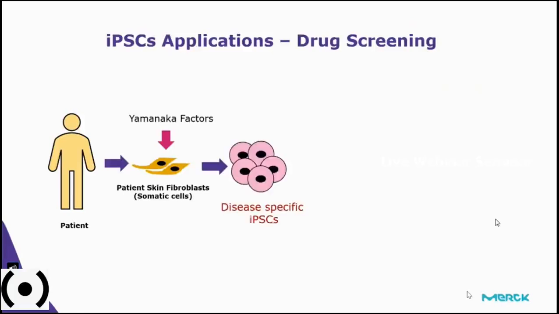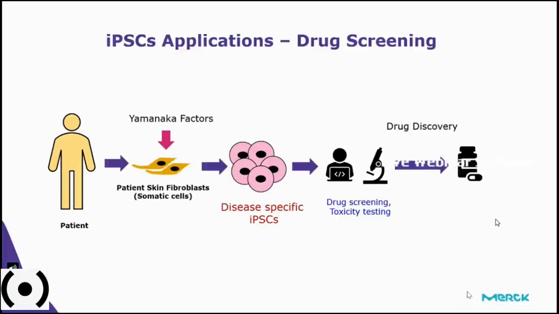Now you can convert them into neurons, and now you have human iPSC-derived neurons where you can screen your drugs, perform toxicity screening, and finally develop drugs. These drugs are much more efficacious because you directly tested and screened on human iPSC-derived neurons, which are much closer to physiological relevance as compared to animal model systems, right? So this is how drug screening and toxicity screening can be done on iPSC model systems.